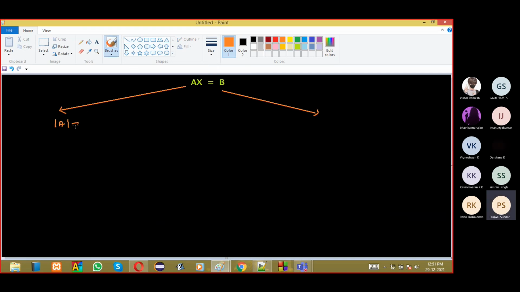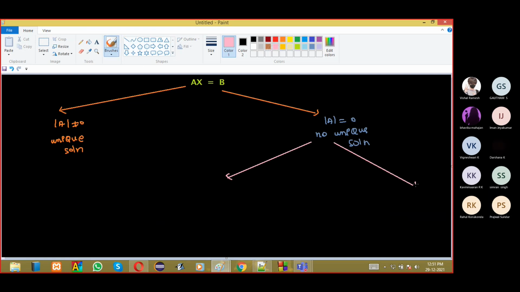If determinant A is not 0, then you have a unique solution. If determinant A is 0, then we won't have any unique solution. This is further split into 2 parts: no solution, and infinite solutions.